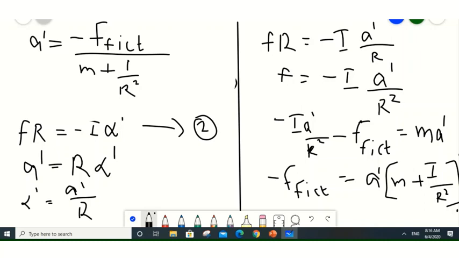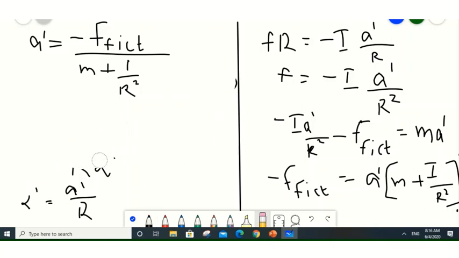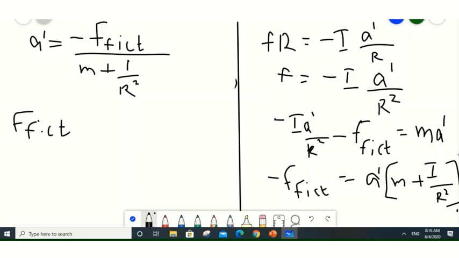So we know that the fictitious force is nothing but mA. So we can write F fictitious as mA, capital A, and the moment of inertia I, since it is a cylinder, is mr square by 2.